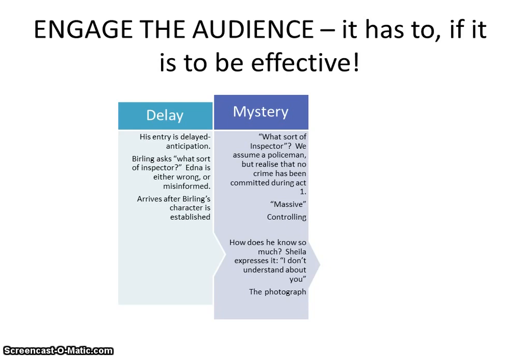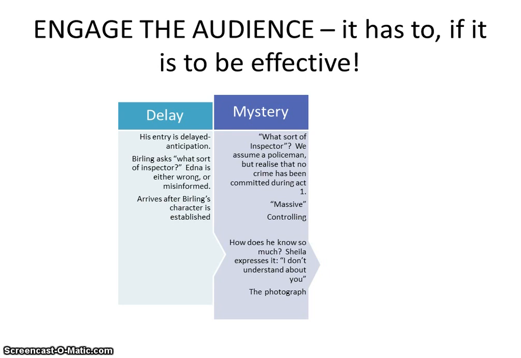So we wonder why a police inspector might be involved at all. He has a tight control over everything that happens, and he knows so much about everything, even to the extent that Sheila in Act 2 is puzzled by him, and she says to him, I don't understand about you. He replies, there's no reason that you should.